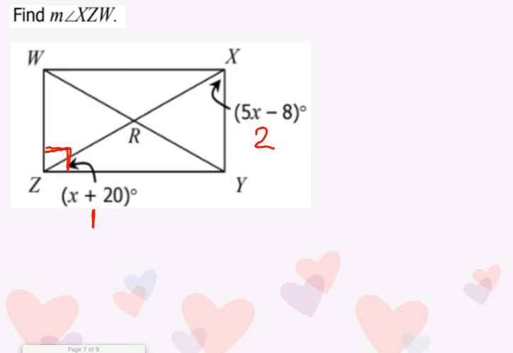And I know that's a right angle. So this guy plus this guy has to equal 90. Gotta love alternate interior angles. Add our like terms.